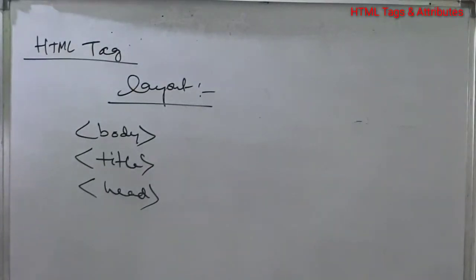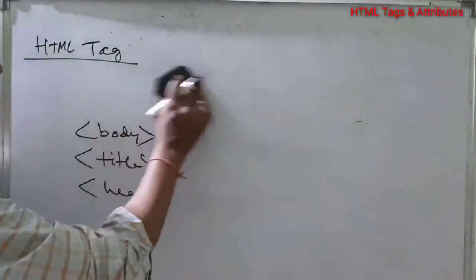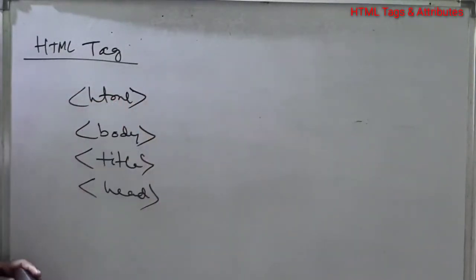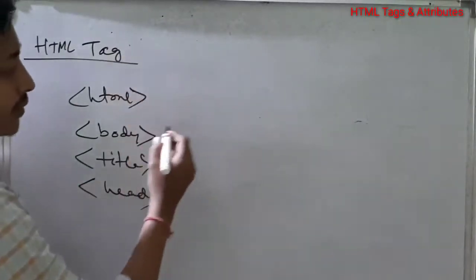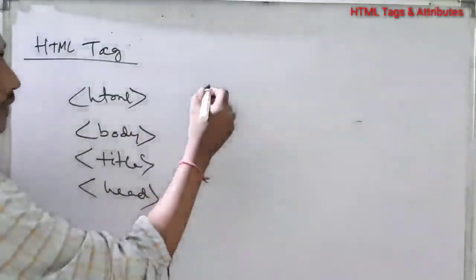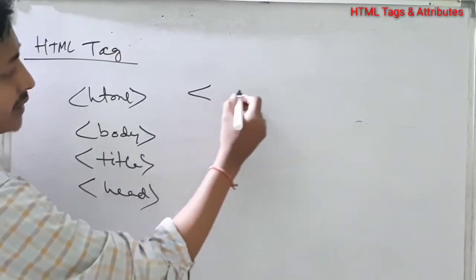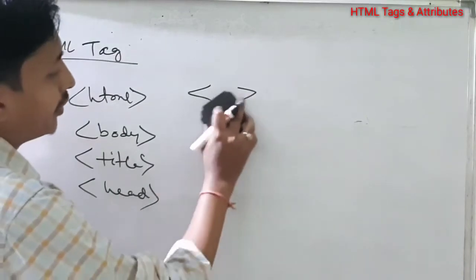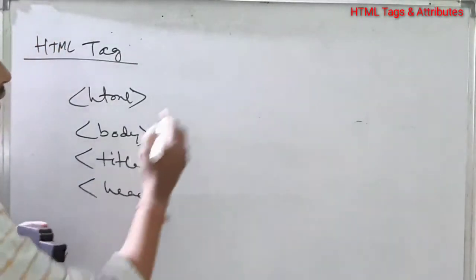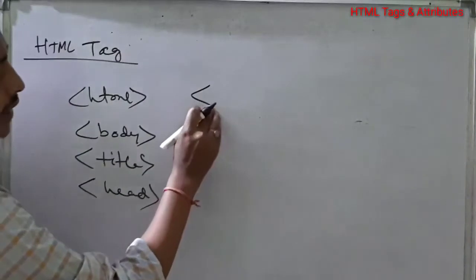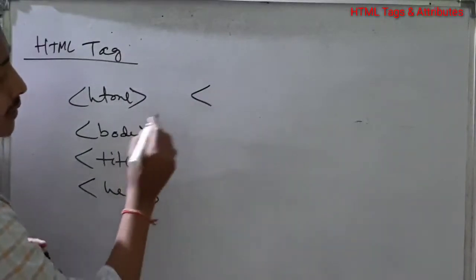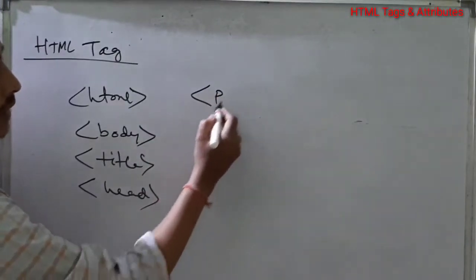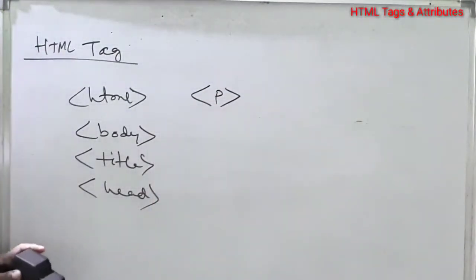There are many tags available in HTML. In HTML, tags are enclosed by the symbols less than and greater than. Between these two symbols, you have to write the tag. For example, for a paragraph tag, first you write the less than symbol, then P, and then the greater than symbol.